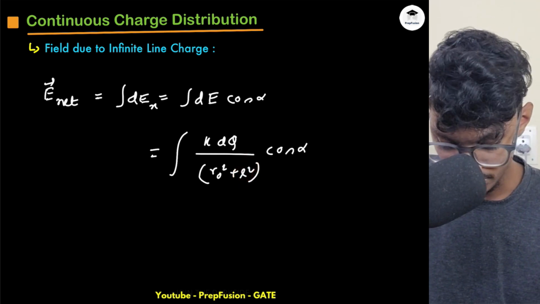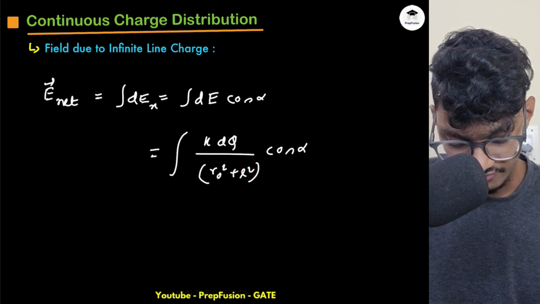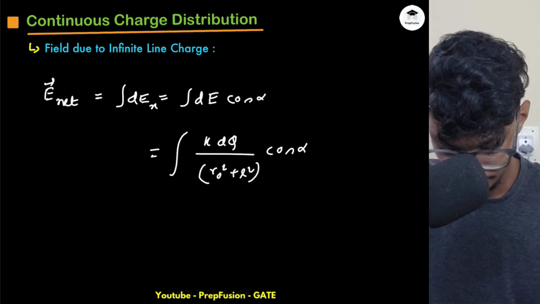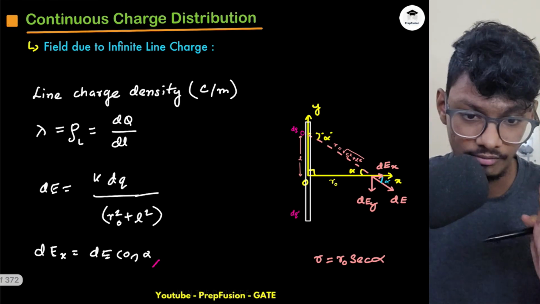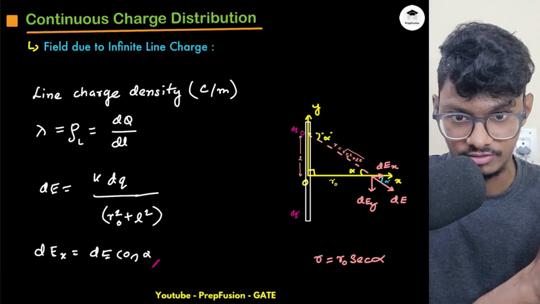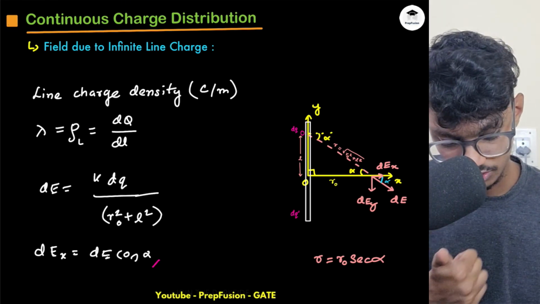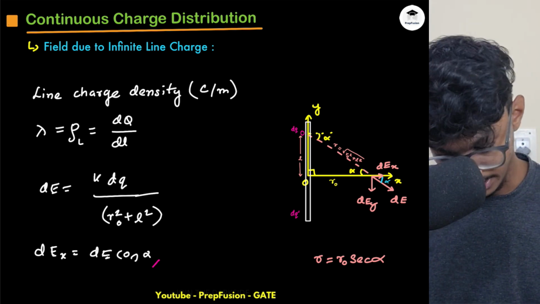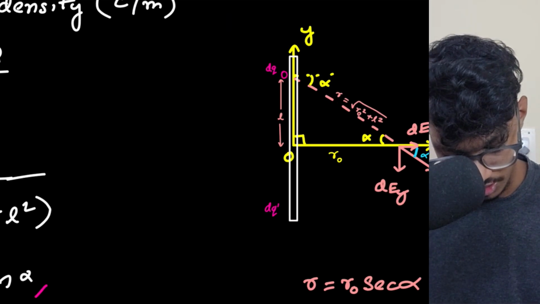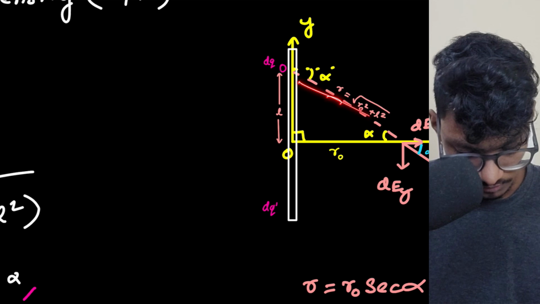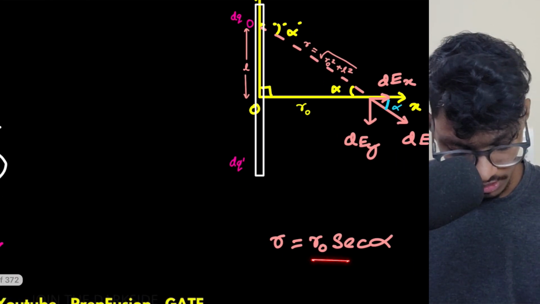So what is cos alpha basically? Here r cos alpha is equal to r naught, so r is equal to r naught sec alpha.